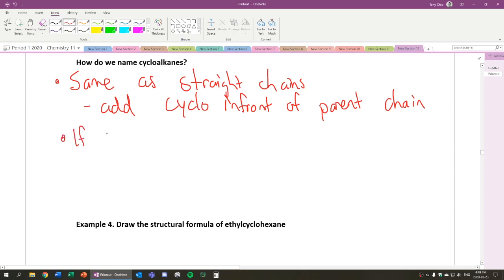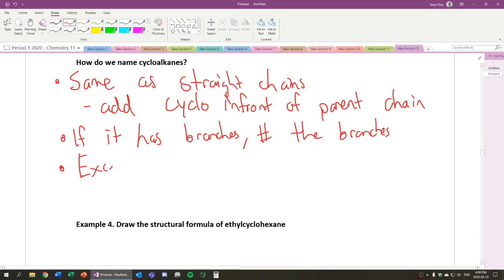If it has branches, number the branches. And the last thing here is an exception. There's an exception here: if only one branch, no number is needed.